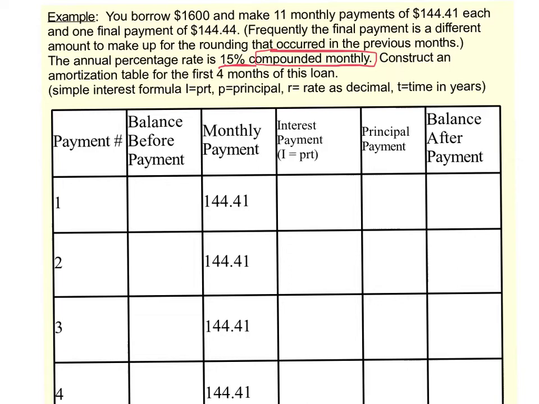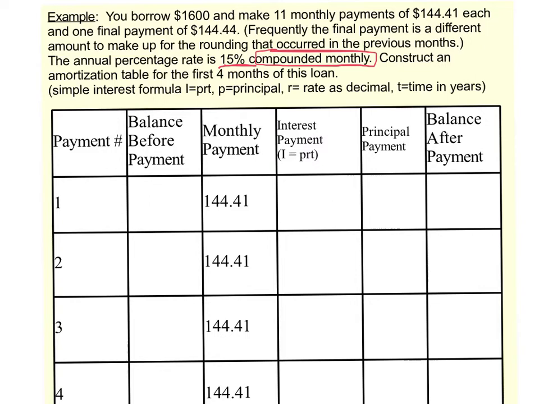So for example, if I take that $144.41 times 11 months and then add on that 12th month, $144.44, that's $1,732.95. Well, I only borrowed $1,600, so you can see that extra money that I'm paying back is clearly interest, right?